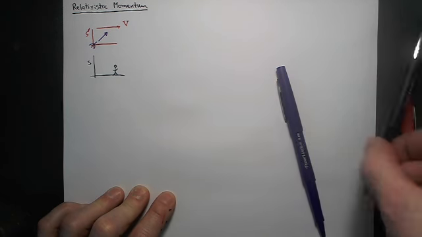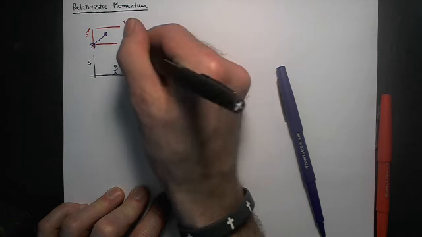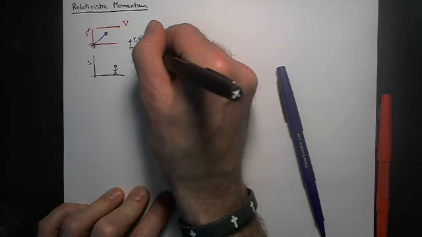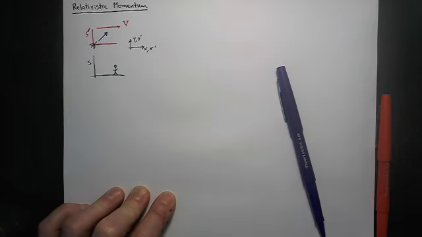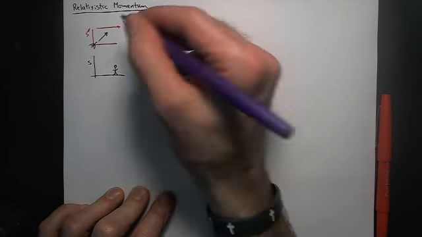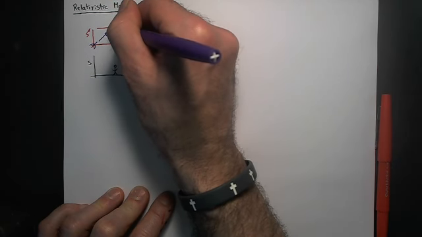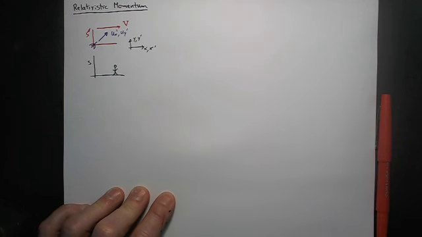I'm defining in both reference frames y to be the vertical axis and x to be the horizontal axis. So the components of velocity of the bird as seen in S prime are u sub x prime and u sub y prime.